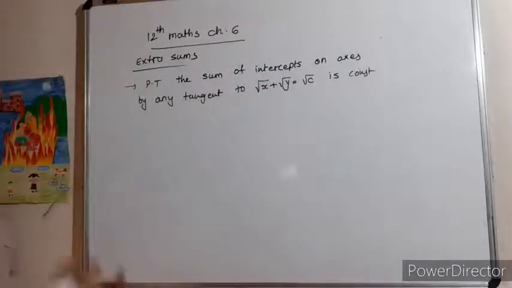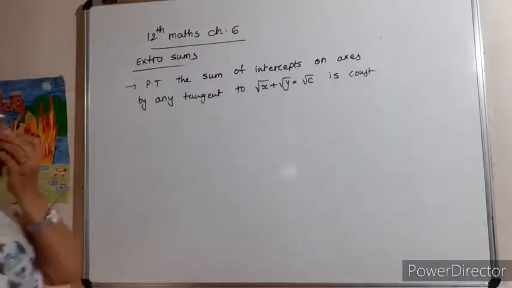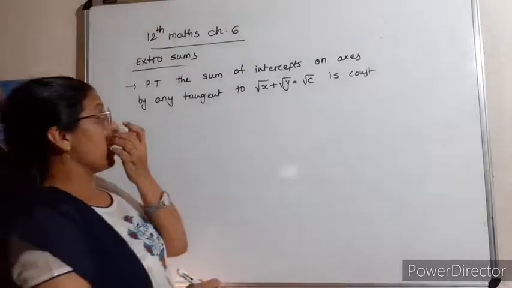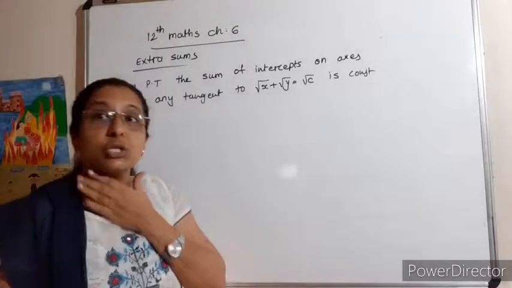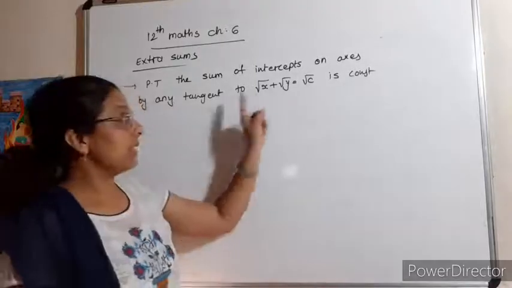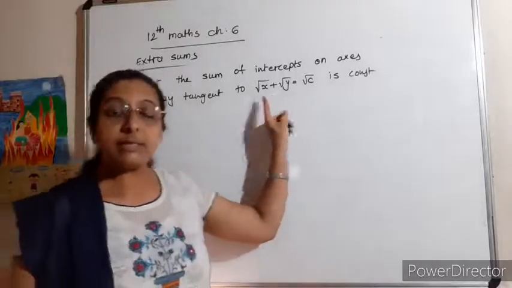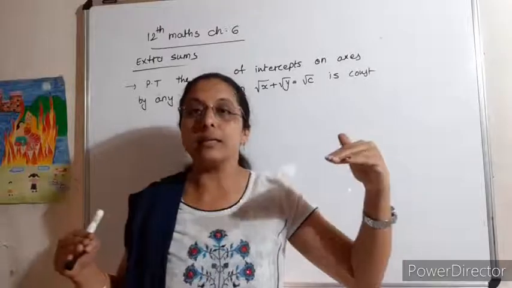Okay, that means पहले तो इसका मतलब समझते हैं. Sum of the intercepts on the axis by any tangent. So first of all you will find the tangent of this curve. This tangent intersect the axis at the point.